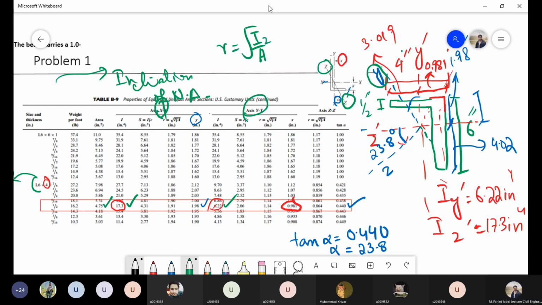I will call this Iy. Now I know that r is given as 0.864, and the Iy I need to calculate, and the area of this section is 4.75. So what will be my Iy by solving this equation?